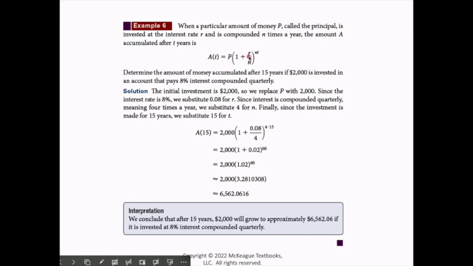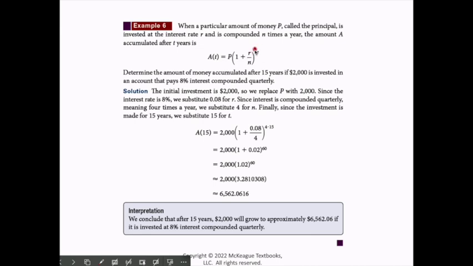The R in this formula is your annual percentage rate as a decimal. So if the annual percentage rate is 8%, we would put in here for R 0.08. N represents the number of times it's compounded a year. So in this case, we're going to talk about compounding quarterly. So our N would be 4 because it's 4 times a year.